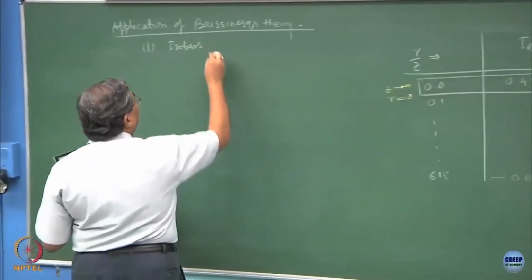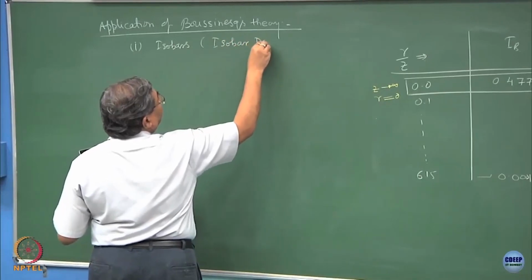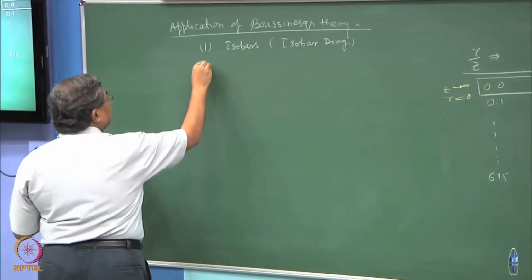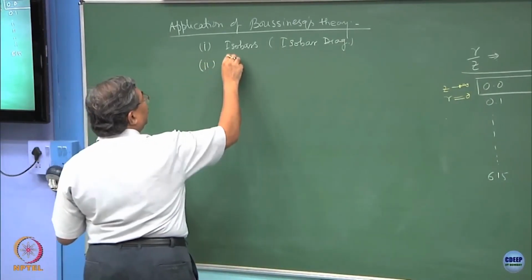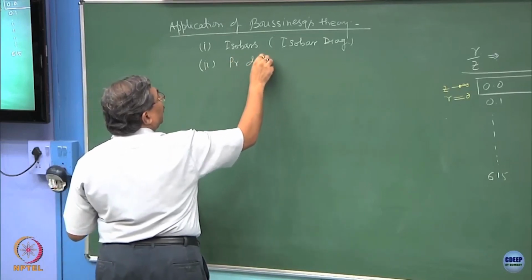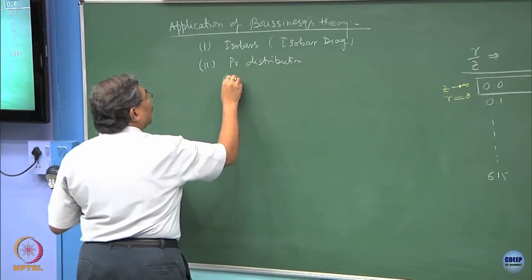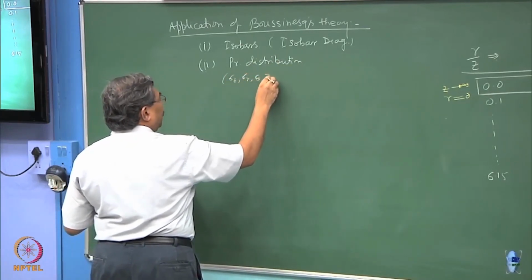We call it an isobar diagram. The second thing is, we want to do the pressure distribution. So, when I say pressure distribution, this is your sigma Z, sigma R, sigma theta, tau RZ.